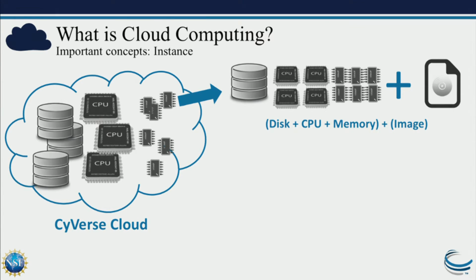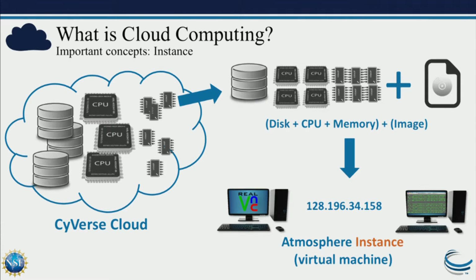You additionally need to request from us an image, because a computer does need an operating system at the very minimum in order for it to work. But once you take them both, the physical resources and the image, those together become an instance, which is also known as a virtual machine. So this is a virtual computer that you can use, and it will reside at an IP address. So you'll need to get that IP address, and then you can access it.